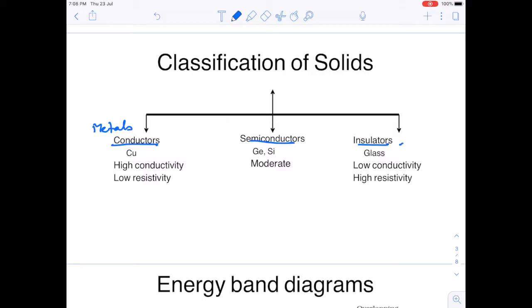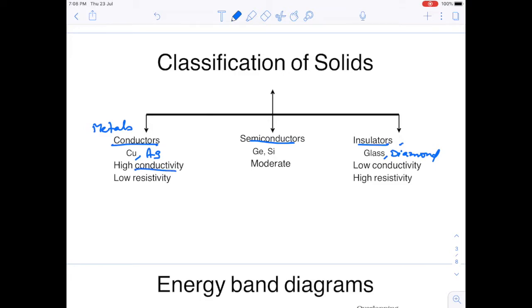In conductors, current passes through. Examples are copper and silver. Semiconductors: germanium and silicon. Insulators: glass, diamond, etc. These are several examples.